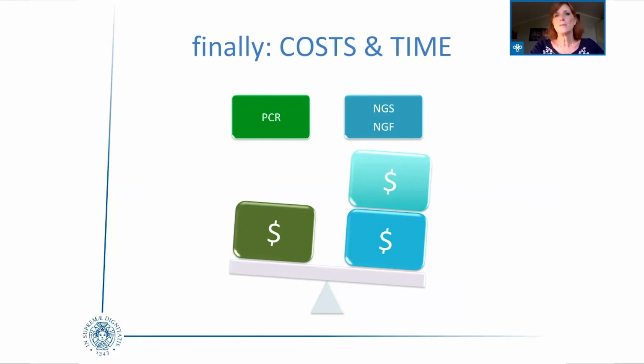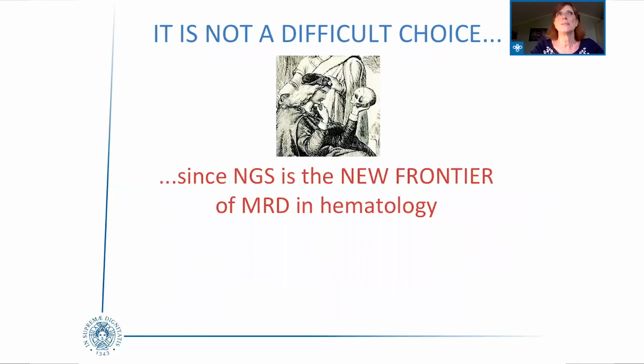And I suppose that the costs are also the same for NGS with respect to NGF, because in NGF you have to combine many different monoclonal antibodies. So NGS is good, NGS probably is better than flow cytometry, NGS is better than ASO-PCR.